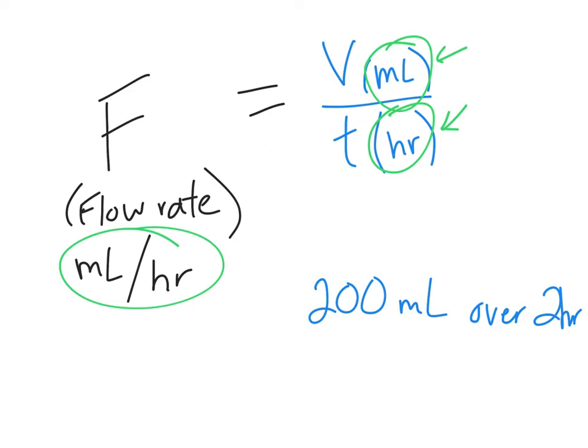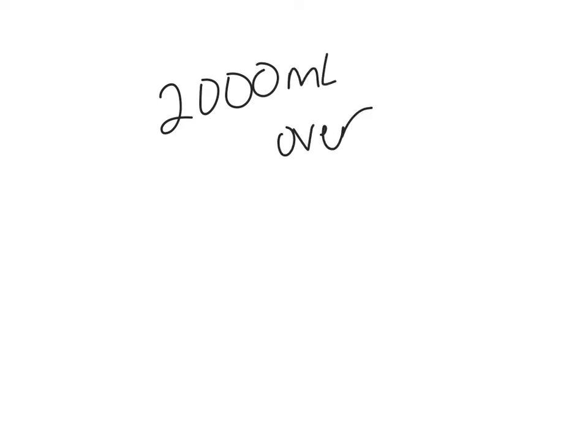So what we may see a little bit further here, if I said that a patient needs to receive, let's just say, 2,000 milliliters over 16 hours. Similar to our last problem, except in our last problem we had to convert the hours into minutes, and then we needed a drop factor. That was for when we were calculating drops per minute. But here, if I said, what is their flow rate in milliliters per hour?